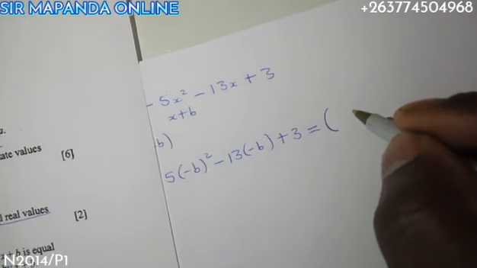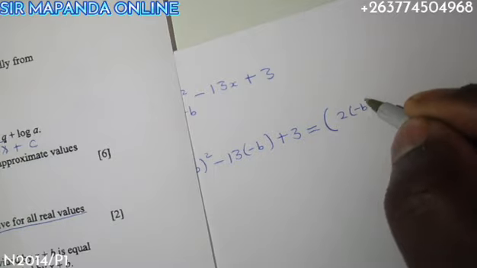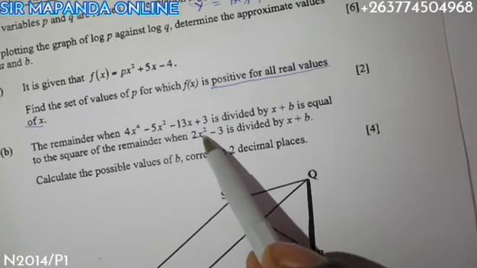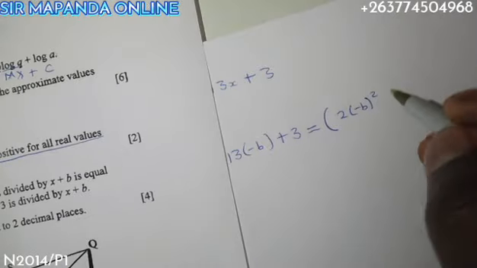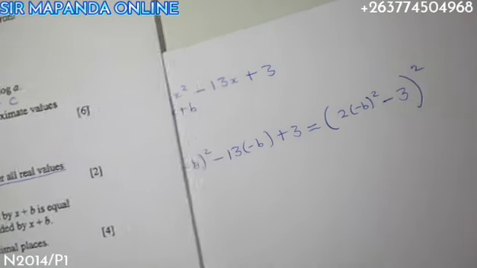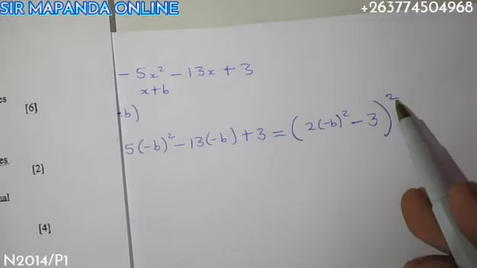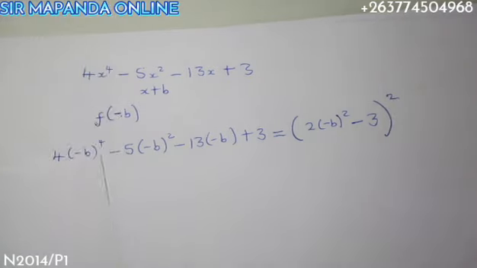You put 2, open bracket, minus b squared. We are substituting minus b on 2x squared, then minus 3. Then the entire bracket is raised to power 2, so that the remainder of the second function is squared for it to be equal to the remainder of the first function. I hope you are following, class.